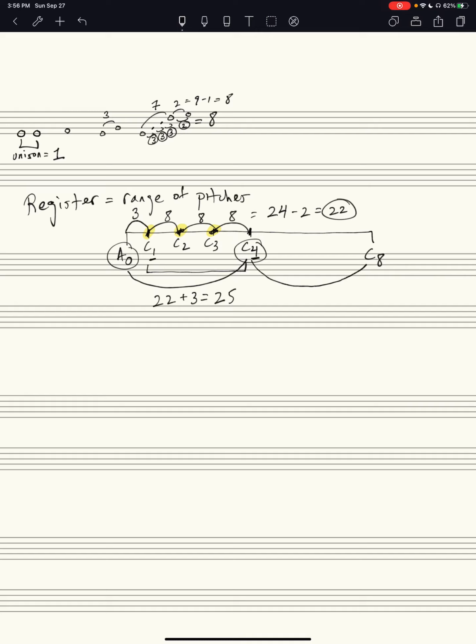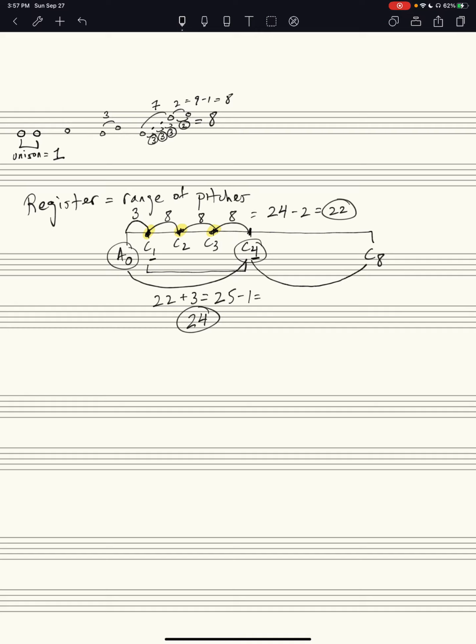So I have already subtracted out 2 of those overlaps at C2 and C3. Now I have to do it at C1. So 25 minus 1 equals 24. Okay, that was long, but that's the correct answer. The interval size from A0 up to C4 is 24.